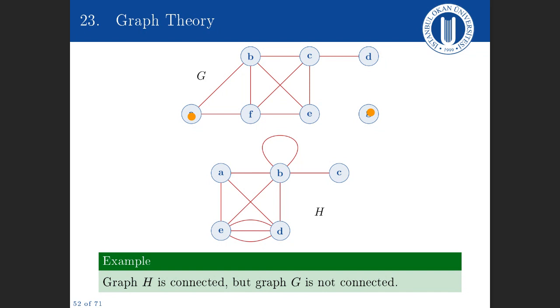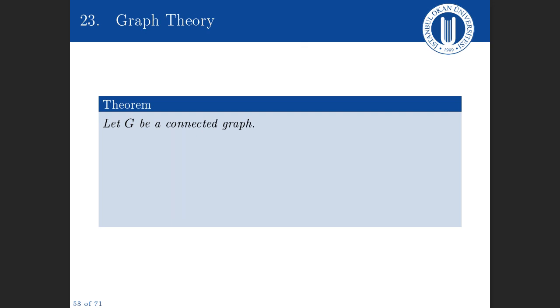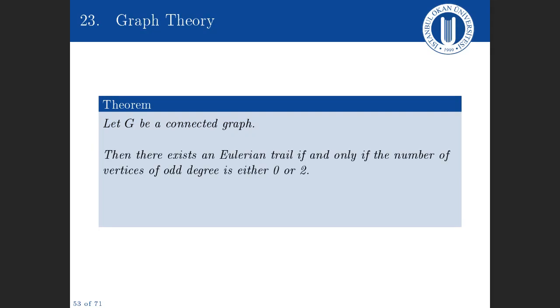Now we have our theorem. Let G be a connected graph. Then there exists an Eulerian trail if and only if the number of vertices of odd degree is either 0 or 2.